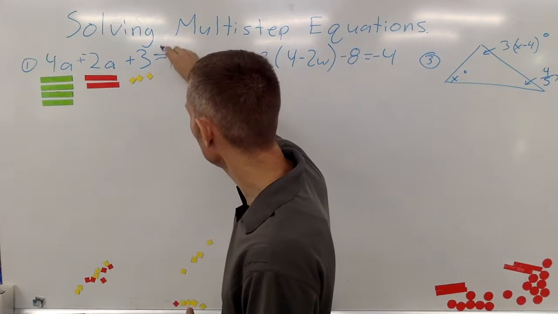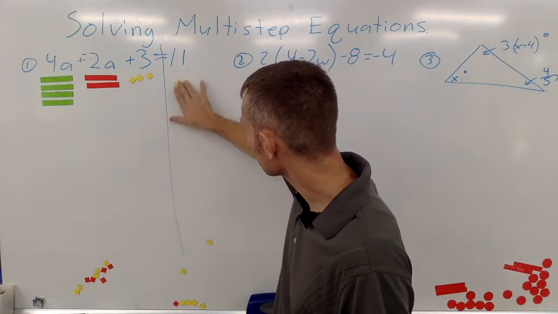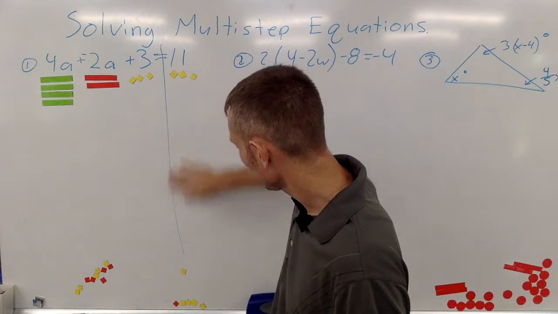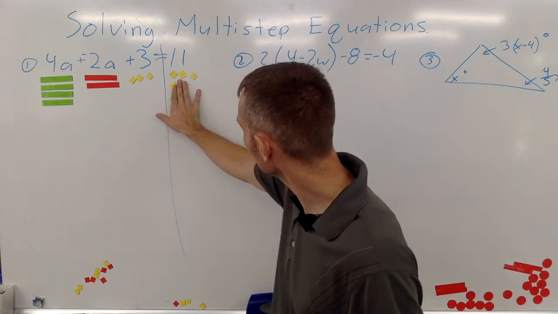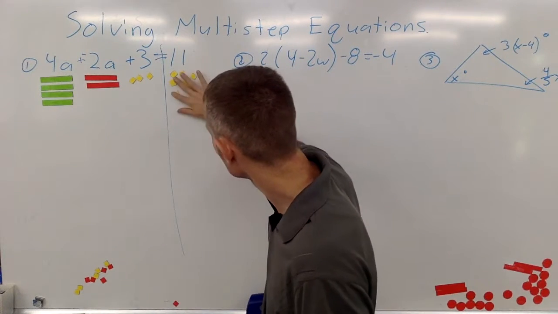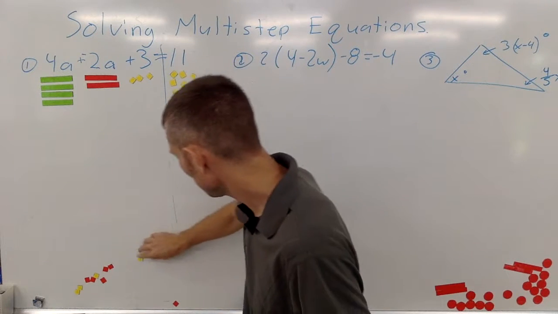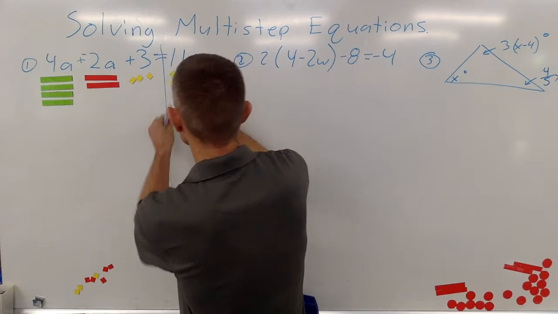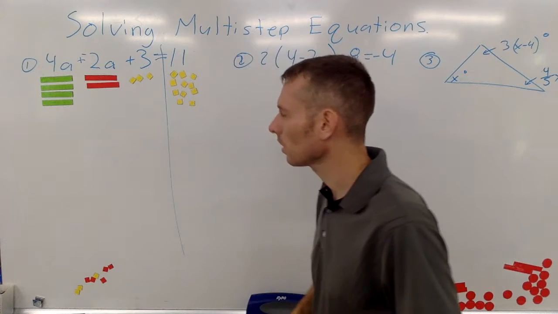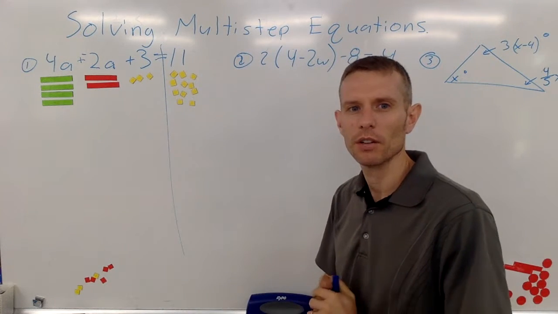Okay, I'm going to go ahead and draw my line because the left side and the right side of this equation should be equal. Now I'm going to represent my 11. Okay. Now, step 1, write the equation down, right?